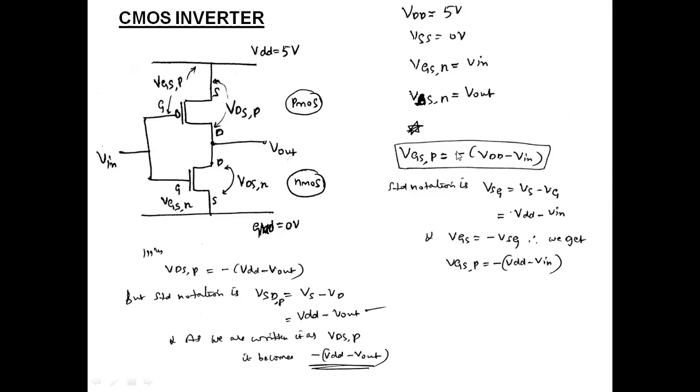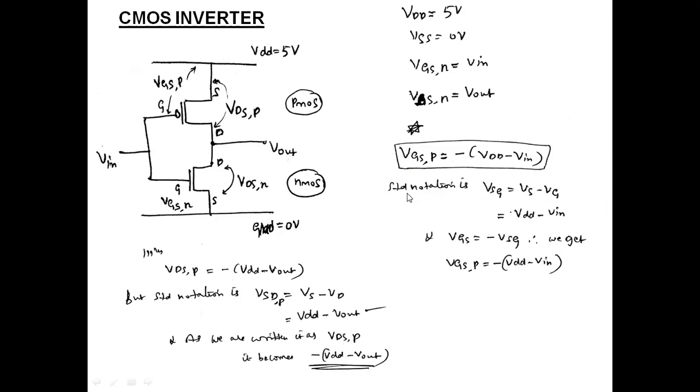But the standard notation we must use is VSG. So why VSG, why not VGS? Normally we call it VGS,P, but the standard notation you are supposed to use is VSG, where VSG is VS minus VG. Why VS minus VG, and why not VG minus VS? Because compared to the gate, this source is at the high potential, hence it should be VS minus VG.